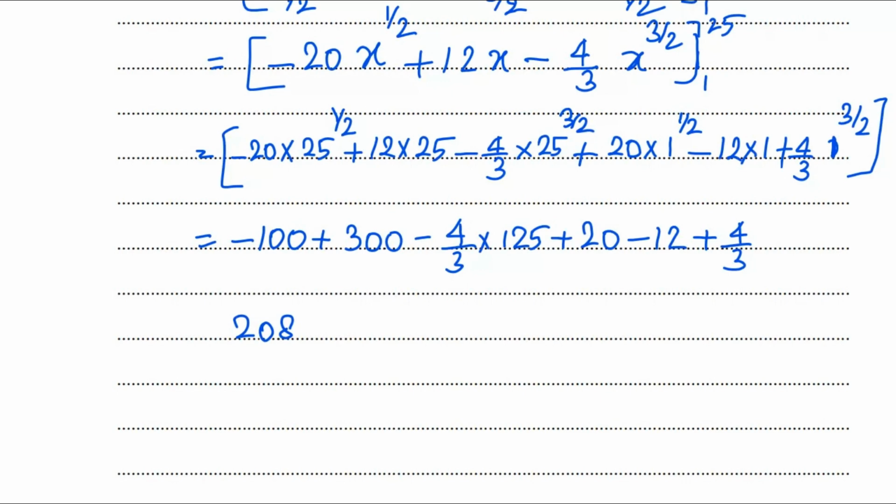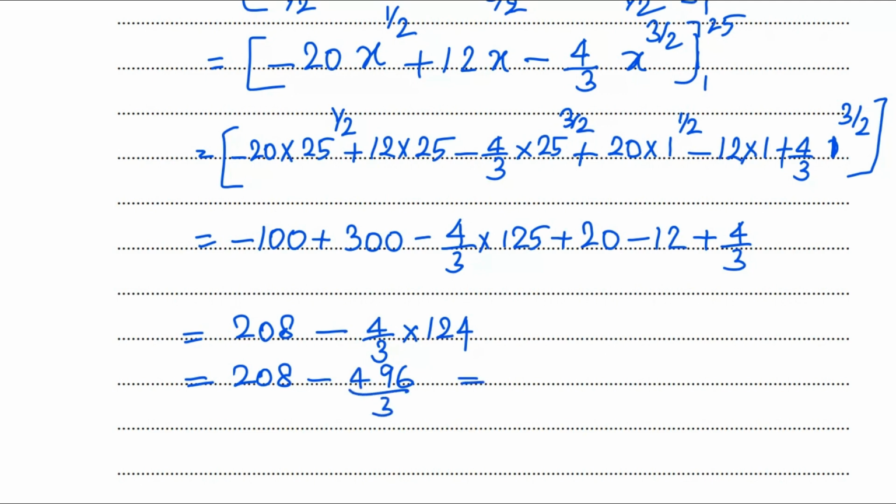208 minus 4 over 3 multiplied by 125 plus 4 over 3 will be 4 over 3 multiplied by 124. 208, 4 times 124 will be 496 divided by 3.